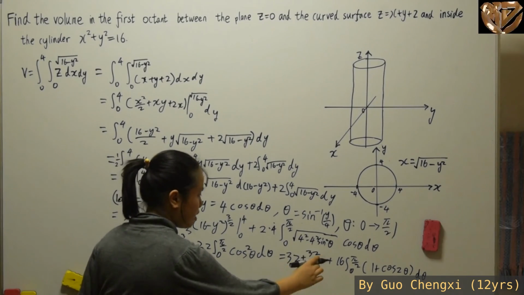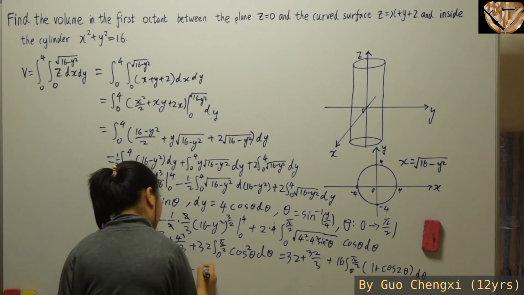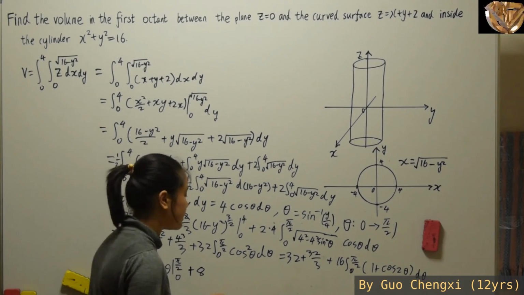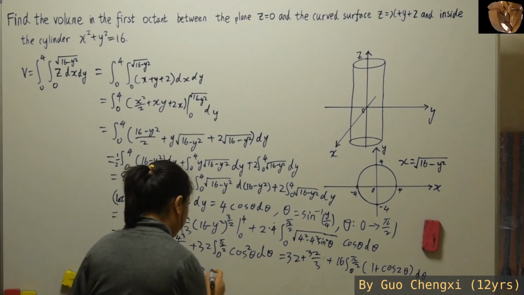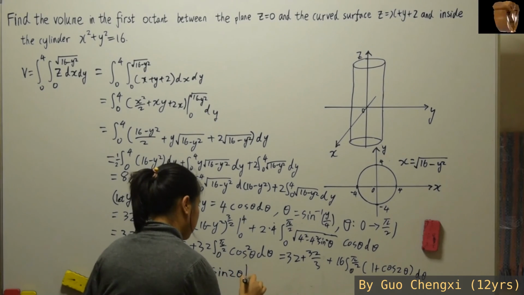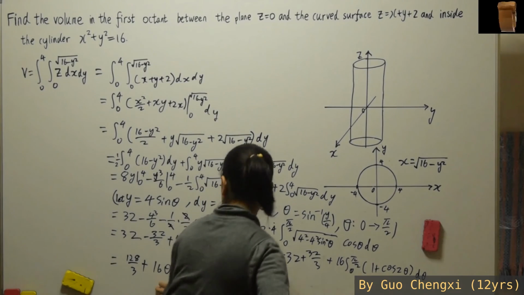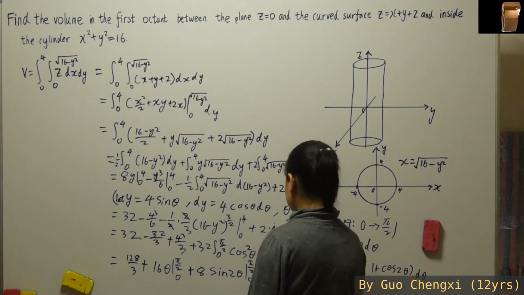And then for the behind part, you can also integrate it, just that it will become 8 instead, because that is cosine 2 theta, so you need a 2 for the theta. Thus the 16 will become an 8, and cosine integration becomes sine 2 theta from 0 to pi over 2. Whereas over here, this part will stay the same, 128 over 3.